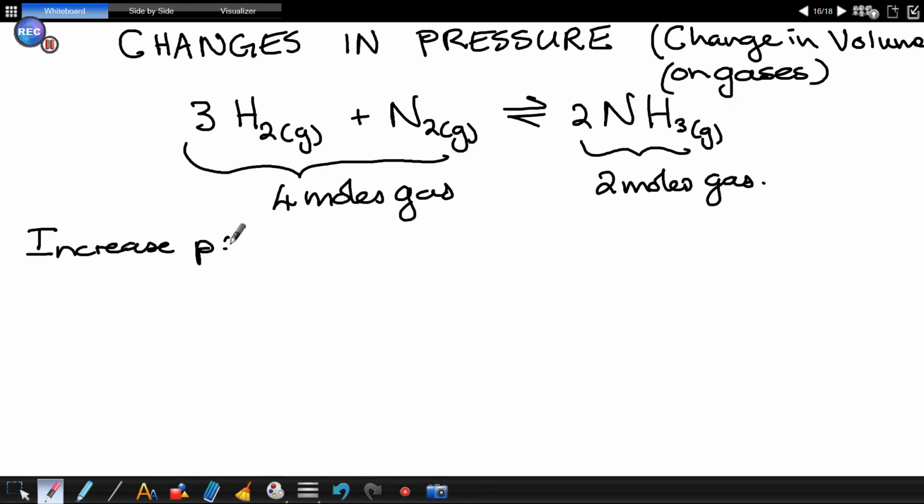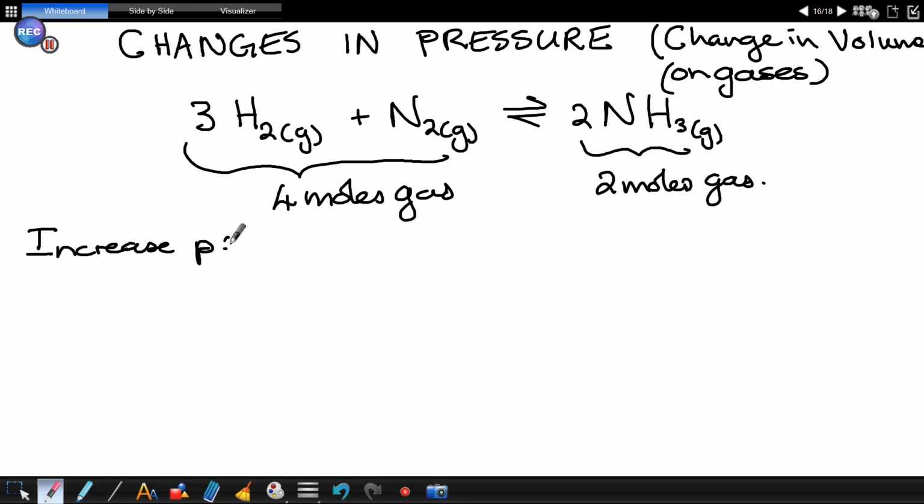Le Chatelier says that whatever you do, the reaction will react to oppose the change. So if you increase the pressure, you're making it more difficult for 4 moles of gas to exist there. It will be easier to have 2 moles of gas existing.